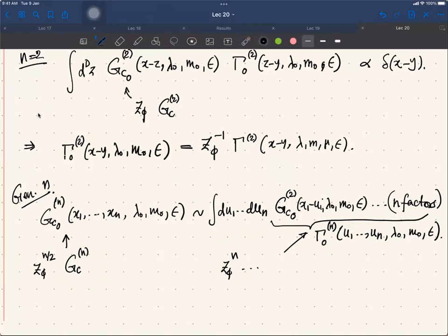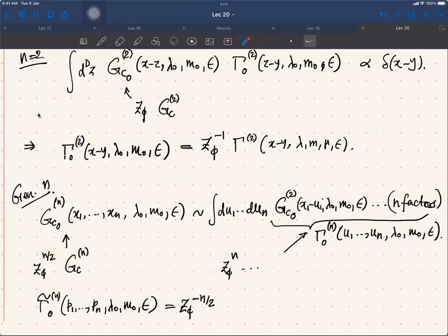And so that means we must have gamma tilde n, I'm writing this in momentum space, (p1 to pn, lambda 0, m0, epsilon) equal to Z phi to the minus n by 2, because there is a factor of Z to the power n from here, and there is a factor of Z to the power n by 2 from here.